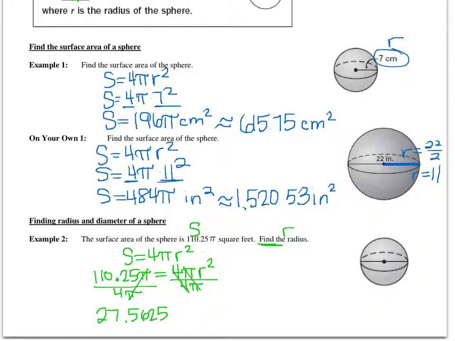I didn't have to do any rounding to write that, so I'm going to leave it that way. And that equals my radius squared. So to solve it, we'll do the square root of both, and you'll find that your radius is 5.25. My unit would be feet, just plain feet, because that's a distance. Let's flip the page over and look at the other side.